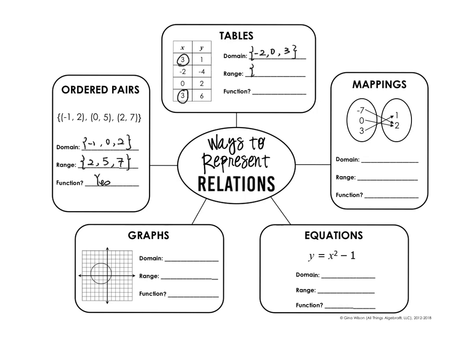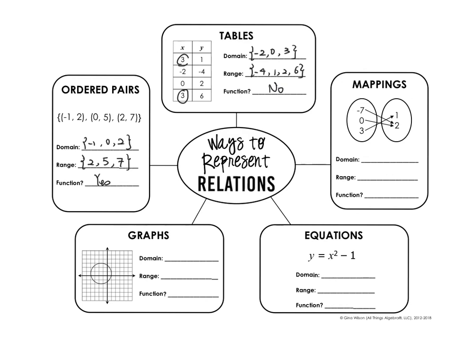And then for y, the smallest is -4, then 1, 2, and 6. Is this a function? Because there are 2 same inputs of 3 with two different y outputs, I'm going to say that this is not a function.